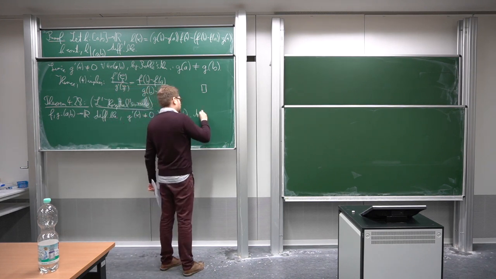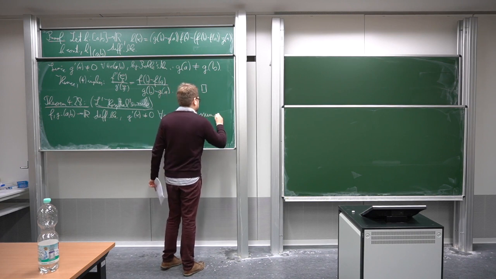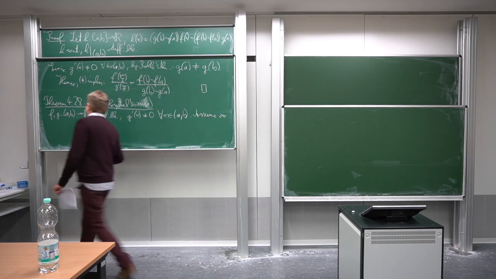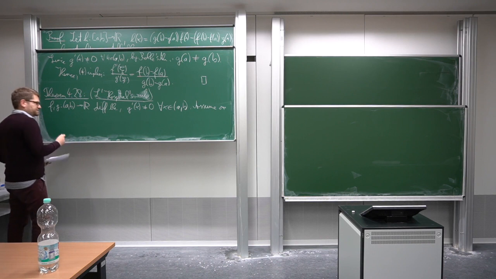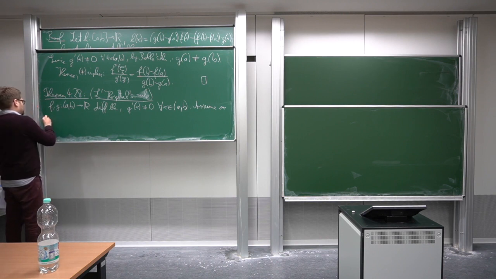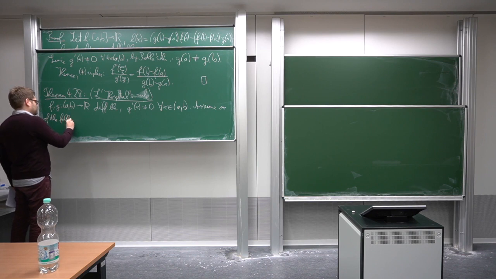Assume we're in one of the following situations. What we want to study is the limit of f divided by g. This theorem gives us a tool for computing these things, in a situation where we don't know how to compute the limit yet.